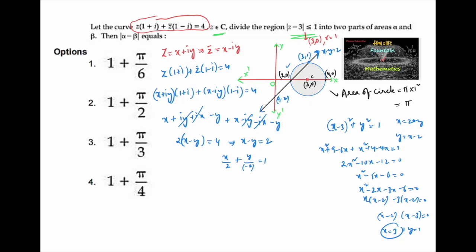Means you can see it is perpendicular. So here 1 unit and here also 1 unit.